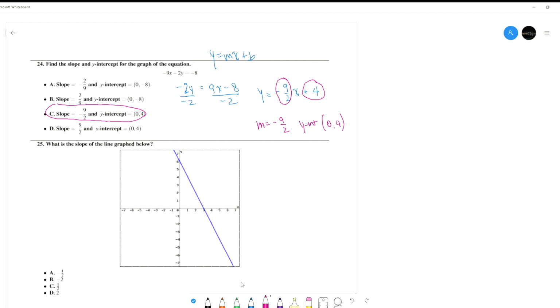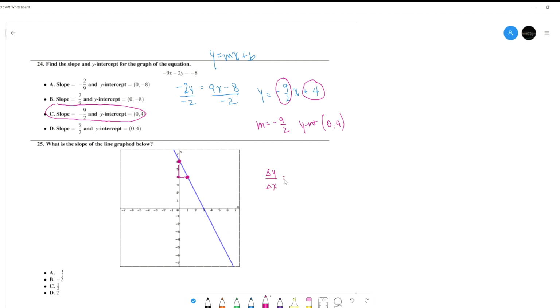All right, 25. What is the slope of this line? Very simple. I go to this point right here, (0, 6), and I count down and right until I see another clear point. I see another clear point right here, (1, 4). So that means it's down 2 and right 1. Remember, change in y over change in x.